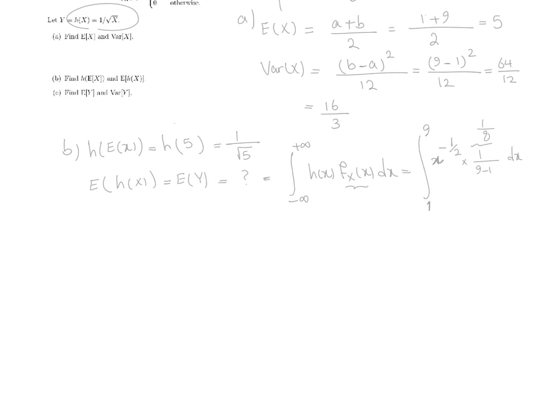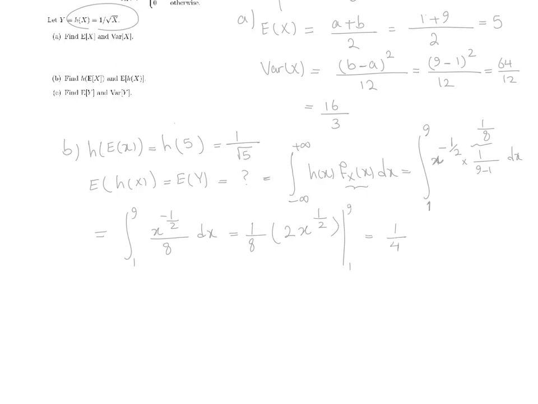So we have this, and we need to calculate this integral. We know that this is equal to 1 over 8 times 2 times x to the power half, when x has this value.